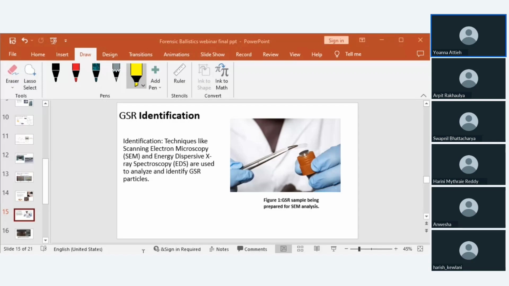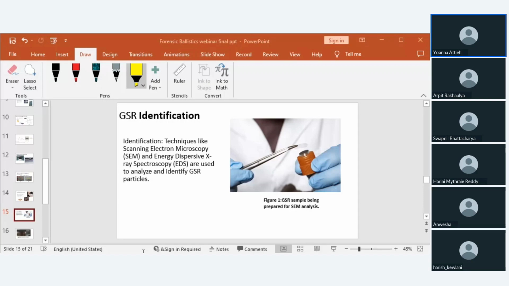So these particles can be traced back to the discharge, providing vital information in forensic investigations. Because GSR analysis not only helps in confirming whether a firearm has been used, but it also offers invaluable insights into the nature of the shooting event itself.